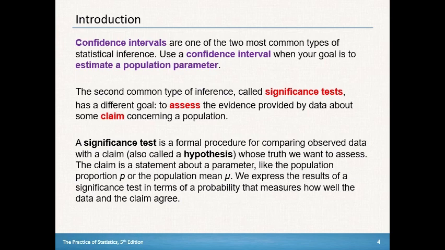Either we think a population parameter is true, and then we take a sample and look at the sample statistic and ask, how likely is it that we would get a value as extreme or more extreme than the one we got if that hypothesized parameter value is actually true?